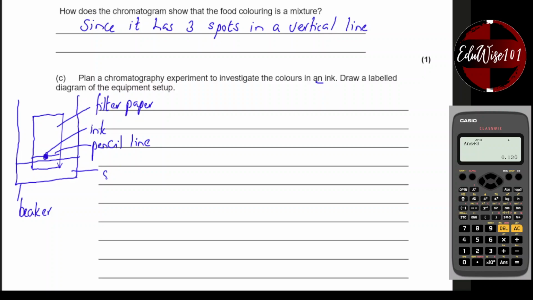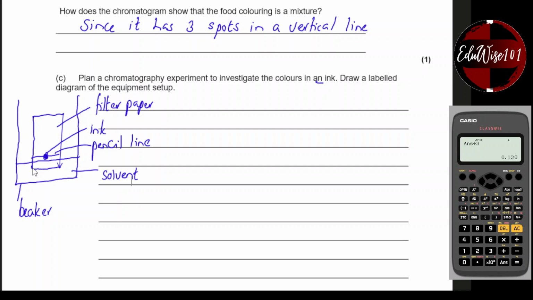and that would be the solvent. That would be the labelled diagram of this. Now for 6 marks, if you label all of them correctly, you will definitely get at least 2 marks for this. So how do you describe this?